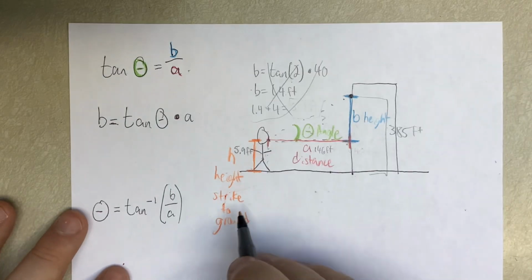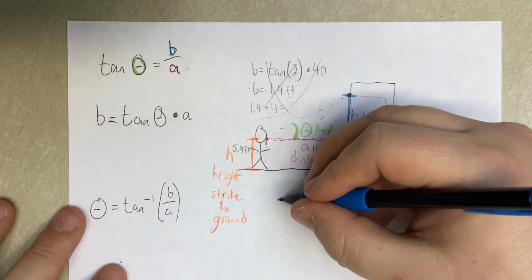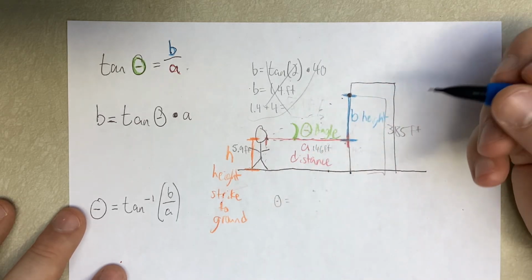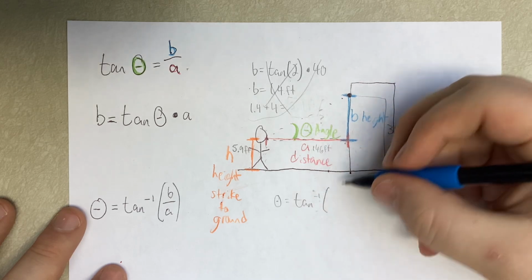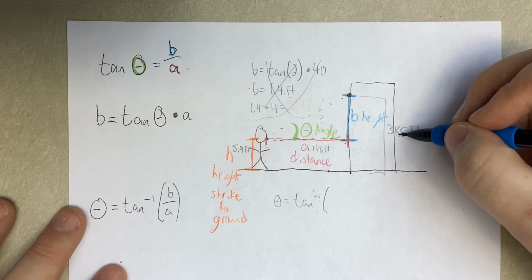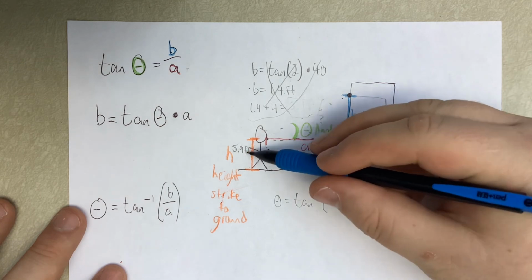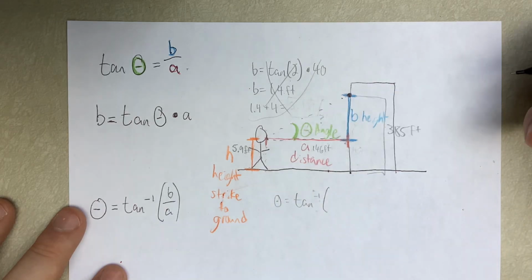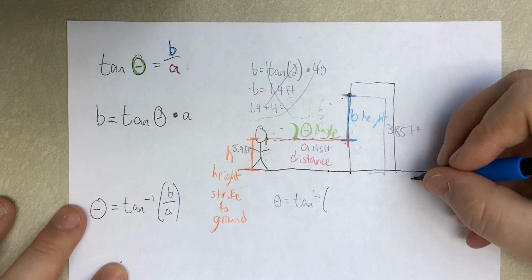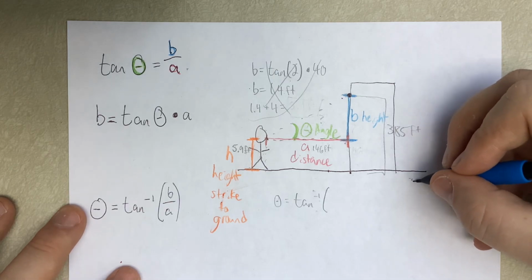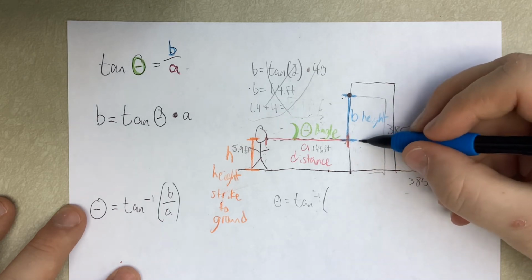So let's put together our formula over here. Our formula that we have now is theta, our angle, is equal to the inverse of tangent, tan minus 1, of b. We don't actually have b right now. What we have is that the building itself is 385 feet high, and then the person was struck from 5.9 feet high. So before I actually put b, I need to solve for b. b is equal to 385 feet of the actual height of that building minus this distance right here.